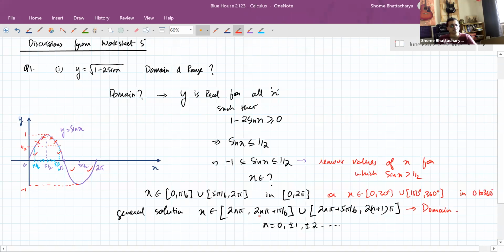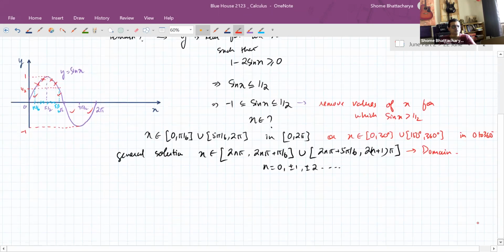That's why when we generalize it, this 2n pi concept comes in. So this is clear.